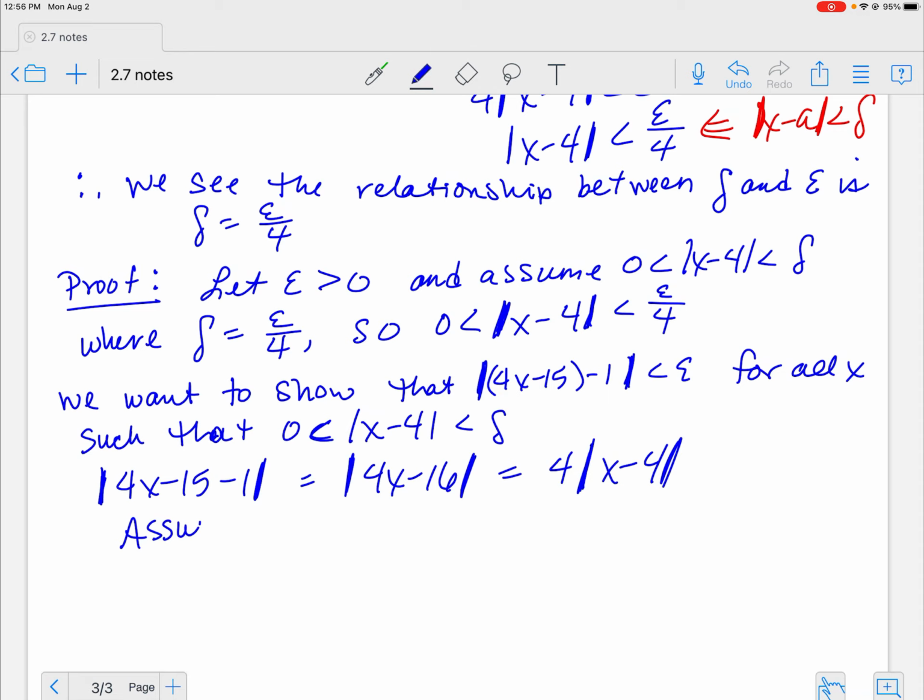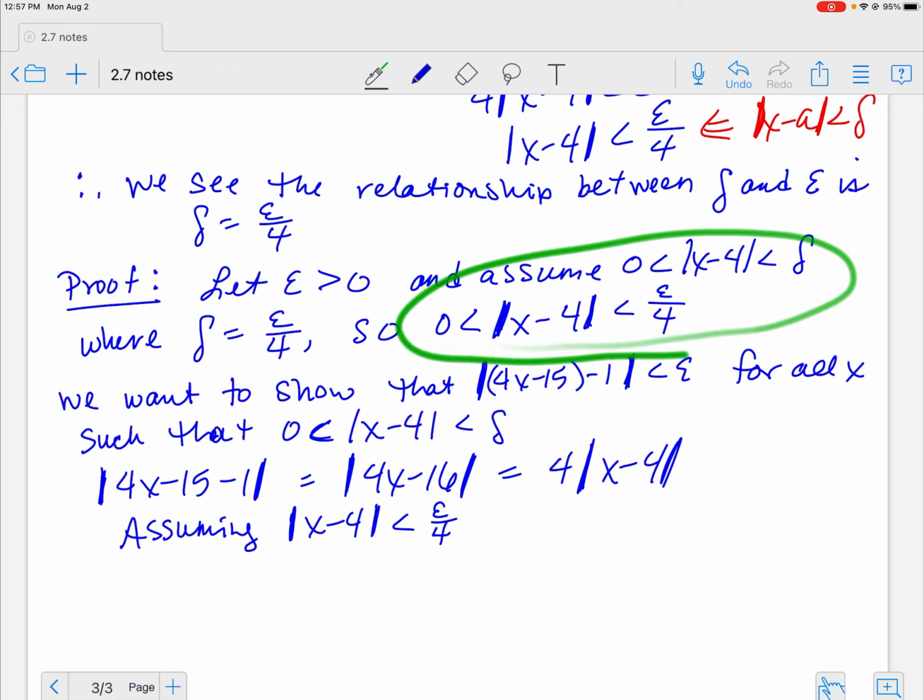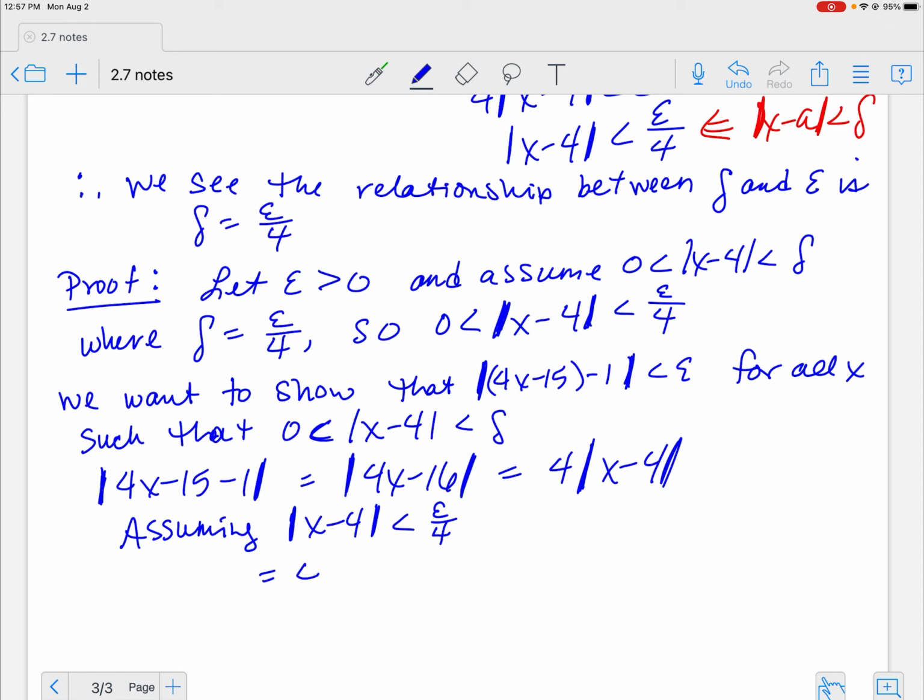Assuming that the absolute value of x minus 4 is less than epsilon divided by 4, right? Because that was where we assumed up here. Then this, so we're taking it down from here. So then this equals 4, if I multiply both sides by 4, times the absolute value of x minus 4, which is less than epsilon. All right?